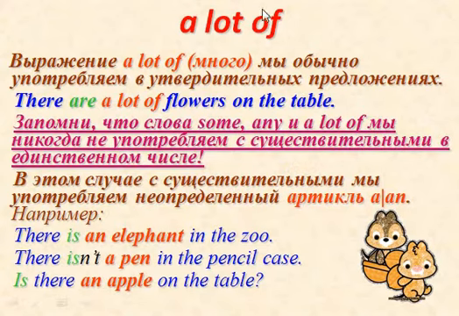And let's learn about the words a lot of. So the words a lot of we use only in the affirmative form, okay, affirmative sentence. So look at the examples. There are a lot of flowers on the table.